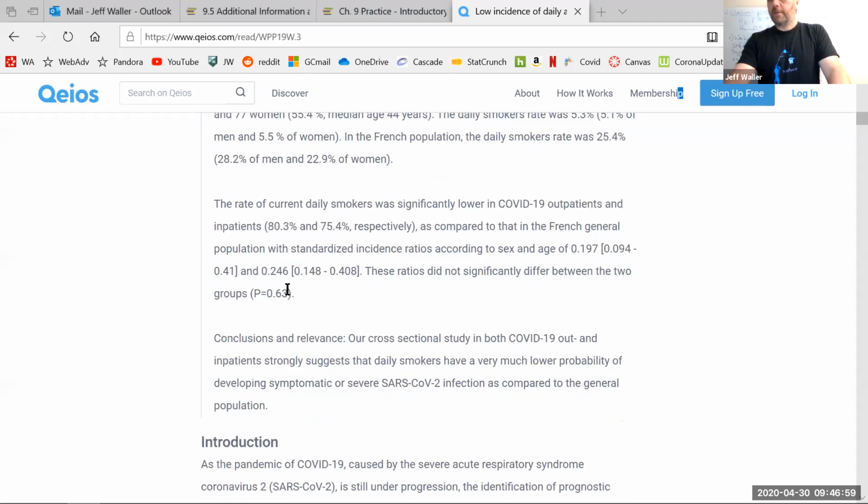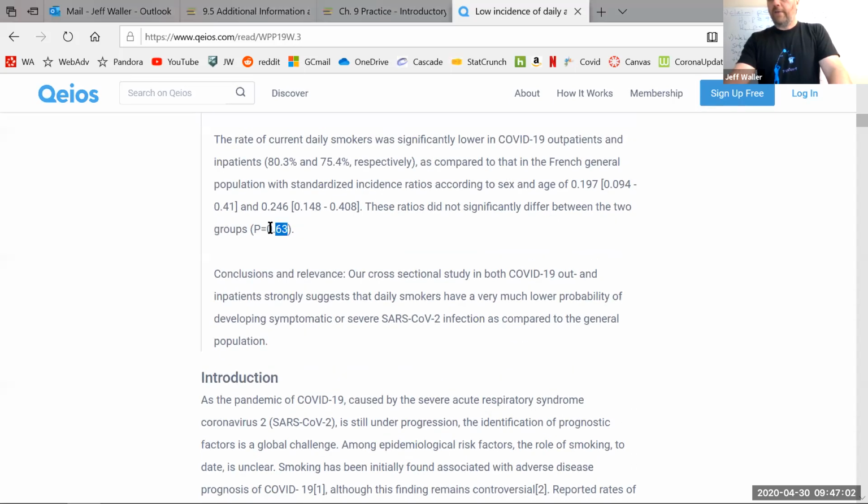Notice a couple things. Look at that p-value right there. You will see p-values sprinkled all over the place when you look at any kind of statistical analysis in a journal. Is that p-value small? Heck no. And sure enough, look, the ratios did not significantly differ between the two groups because that p-value is nowhere near small enough.